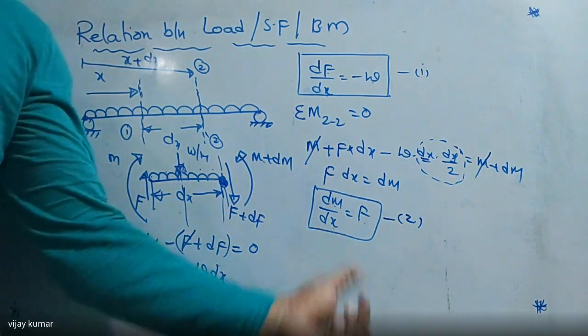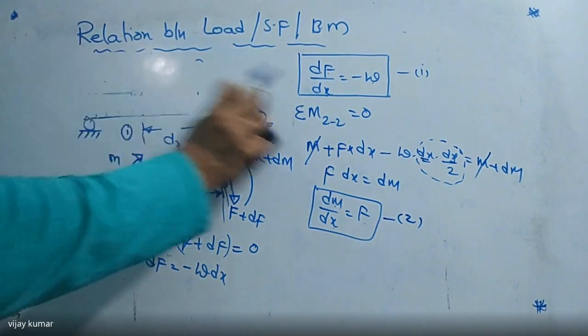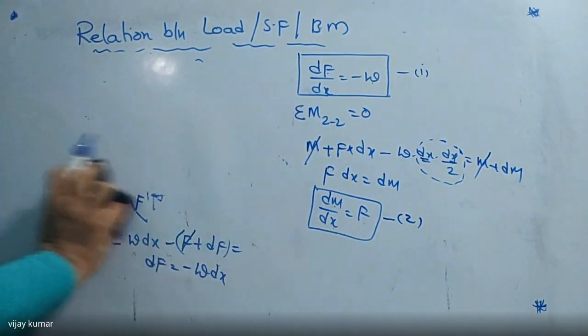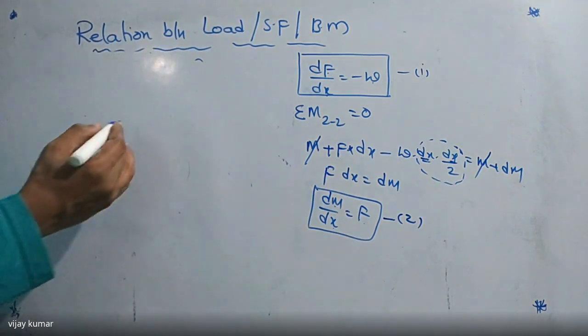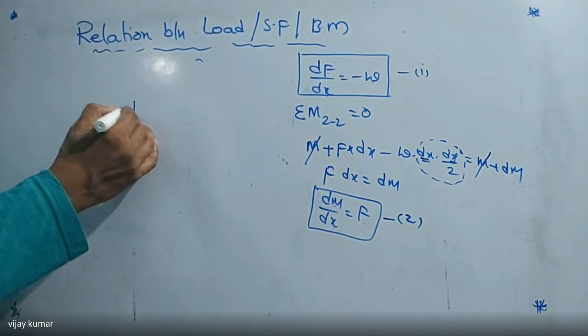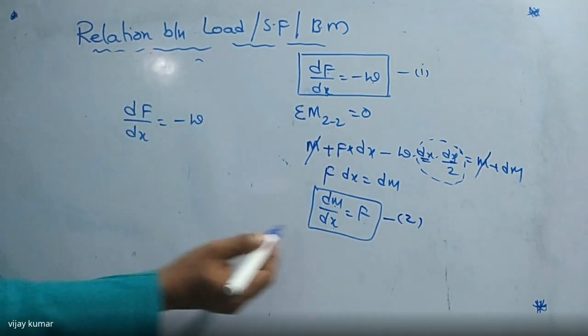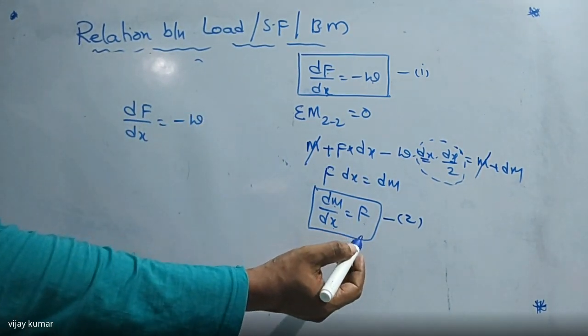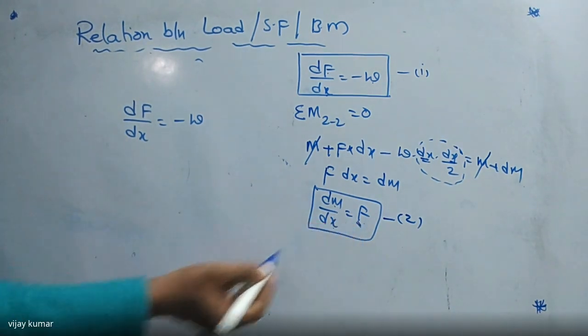Now this is the relation between these variables, and I want to write another relation here, by using these two relations. So here I know this value. dF divided by dx is equal to how much? Minus w. But I know that F is equal to how much?